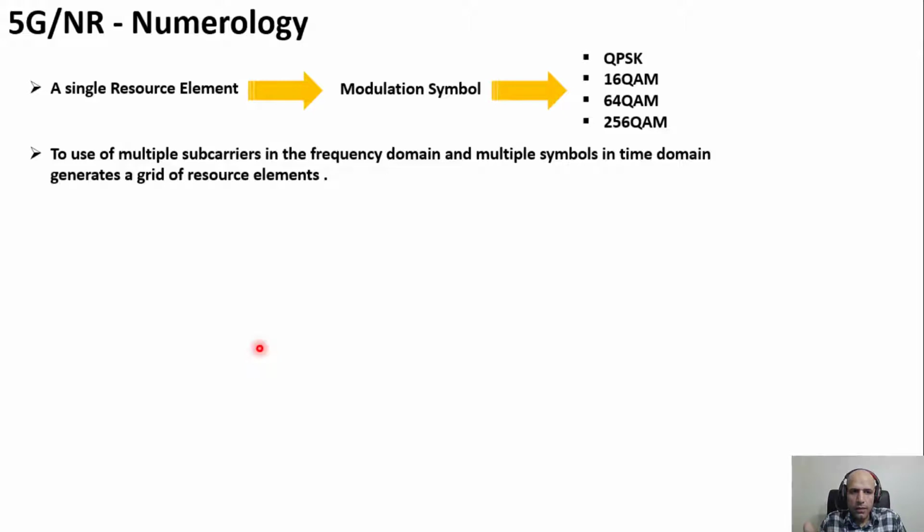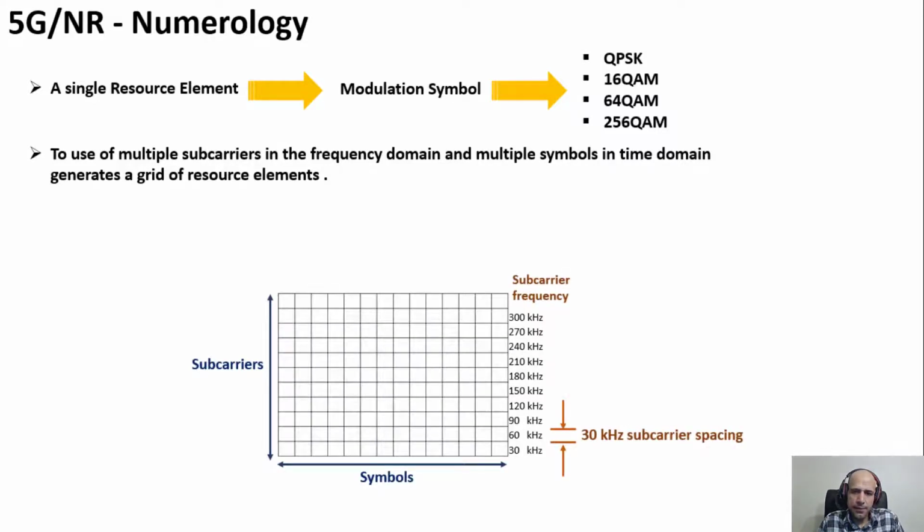Using multiple subcarriers in the frequency domain and multiple symbols in the time domain generates a grid of resource elements. The resource element grid is generated by frequency domain subcarriers and time domain symbols, which shows the resource element grid for 30 kHz subcarrier spacing in this figure.